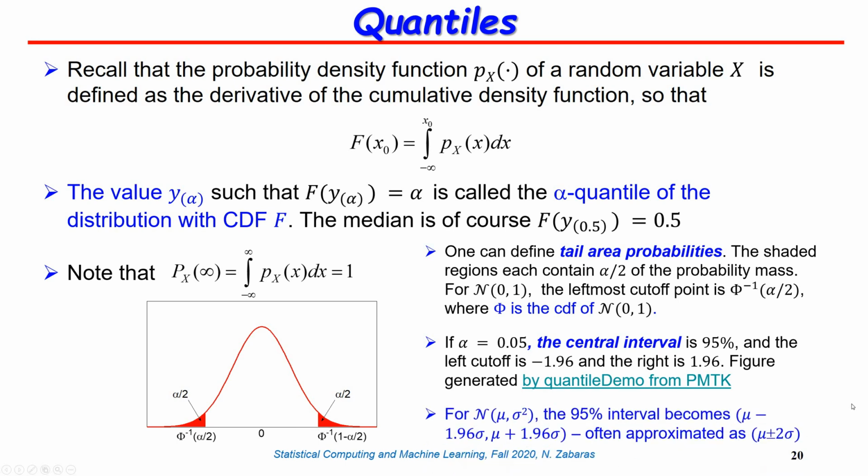So the 95% interval for the standard Gaussian is approximately between minus 2 and plus 2, and you can generalize this to an arbitrary Gaussian with mean mu and variance sigma squared, and show that the 95% central interval is approximately mu plus or minus 2 sigma. So when you see people plotting mu plus or minus 2 sigma intervals, this is the 95% central interval.